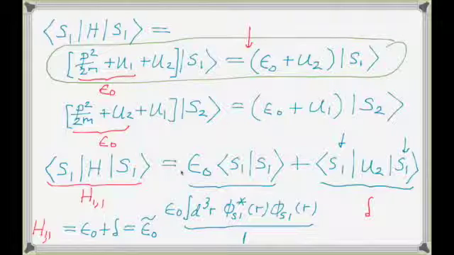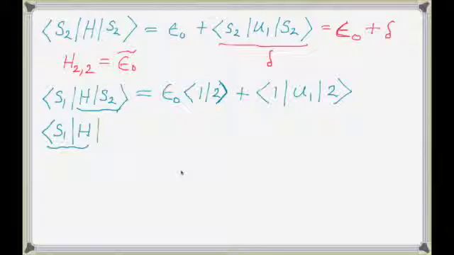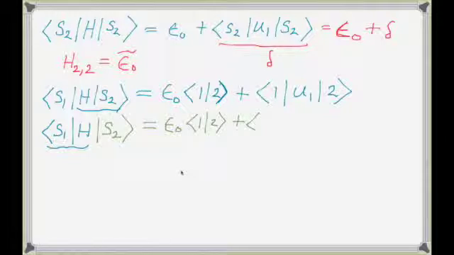So I can let H act on S1 first, and then let it hit S2. In that case, this term is the same, epsilon 0 times 1 2, plus 1 U2 2. The only difference is you get a U2 over here instead of U1.